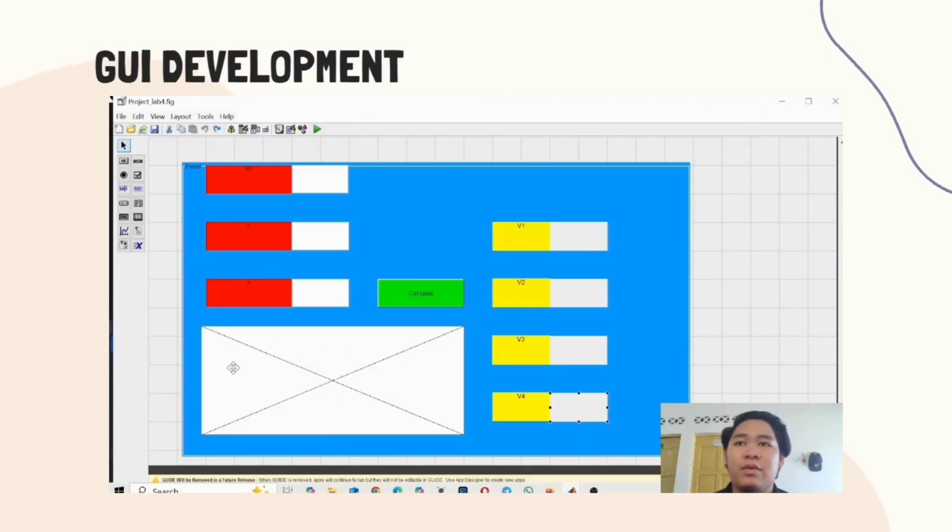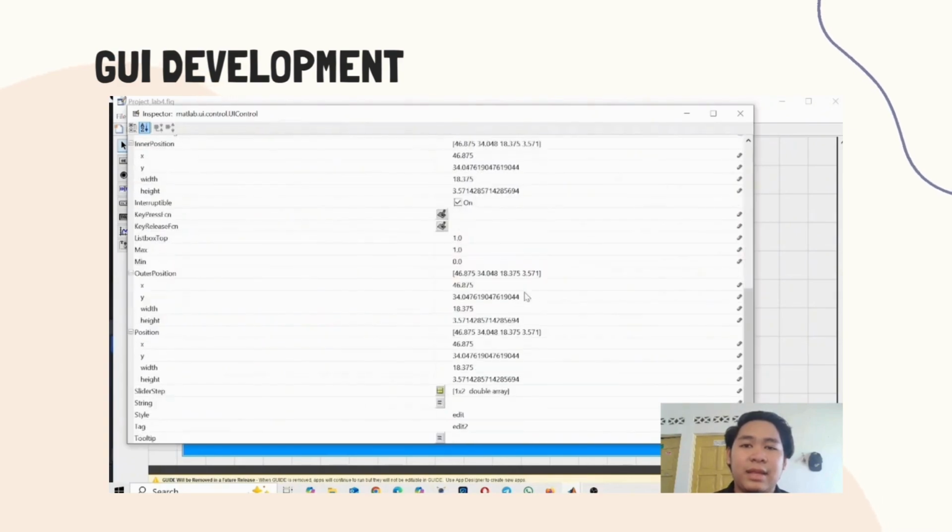First of all, we look at the edit text to get the input. The edit text must be the same as the coding from the manual calculation that we analyzed. So we look at the edit text first.